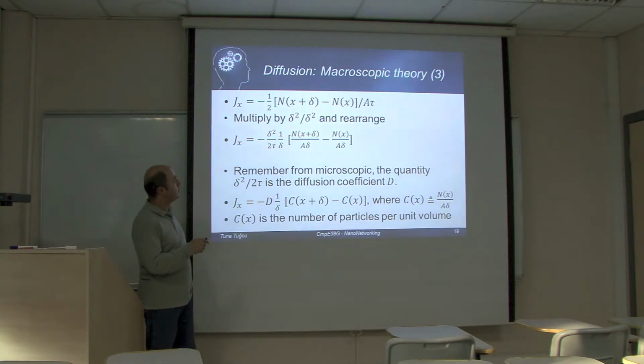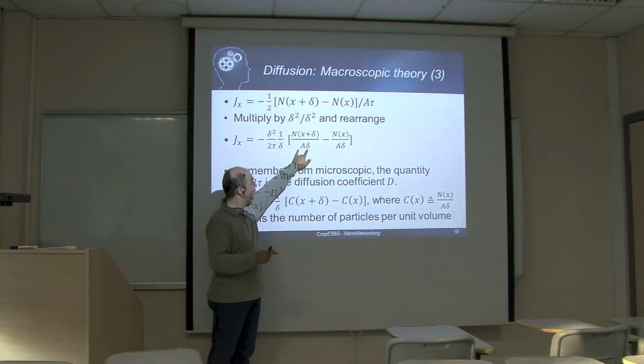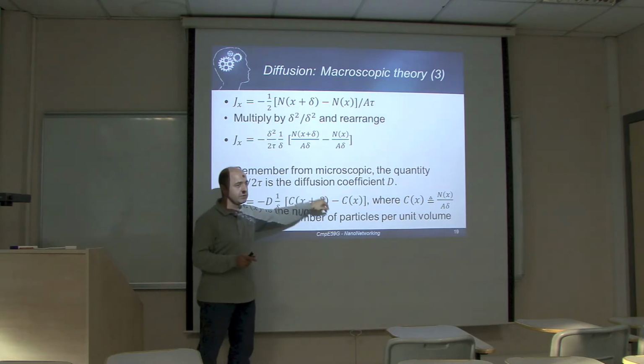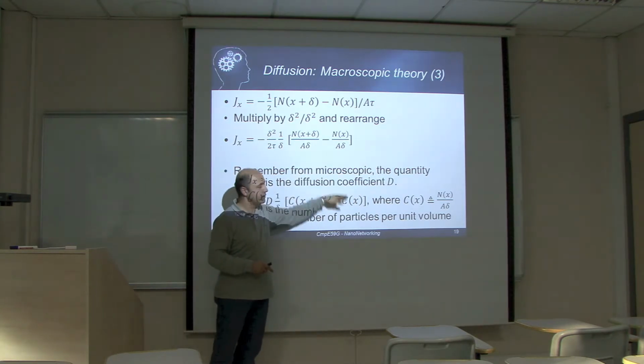The number of molecules at this place divided by, actually this is the volume, so let me correct that. Not by time, but by the step length. That would be the volume.